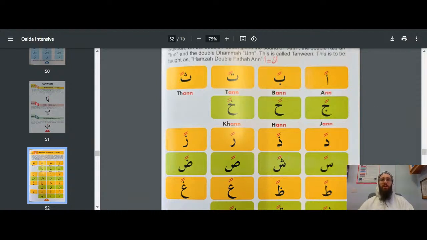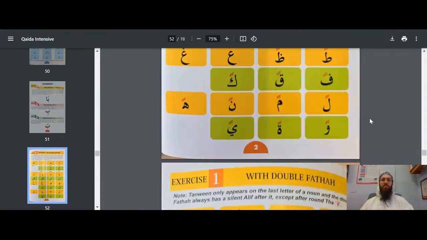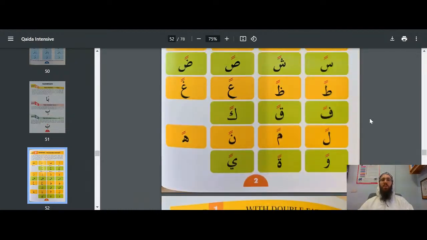An, ban, tan, than, jan, han, khan, dan, than, ran, zan, san, shan, san, dan, tan, dhan, an, ghan, fan, qan, kan, lan, man, nan, han, wan, tan, yan.